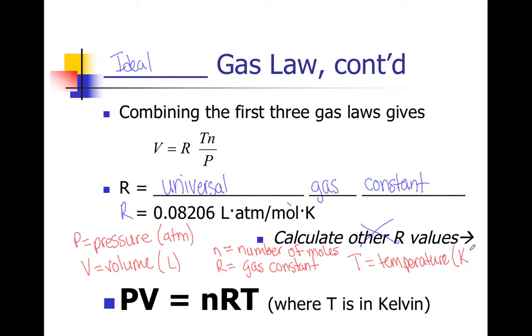Just like with all of your gas laws, the temperature has to be in Kelvin. So if we're given degrees Celsius, we're going to add 273 to get our Kelvin temperature.